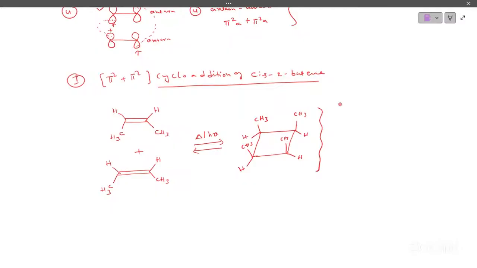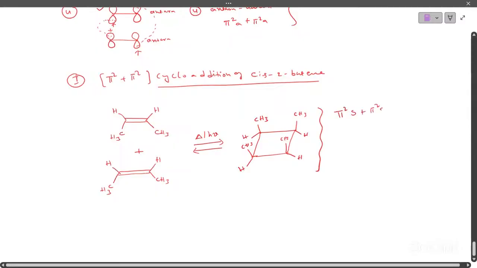One is supra mode, pi 2s plus pi 2s. That is supra cycloaddition, or you can also write like this: supra cycloaddition, and pi 2s plus pi 2a cycloaddition.